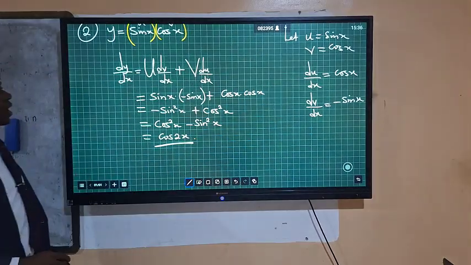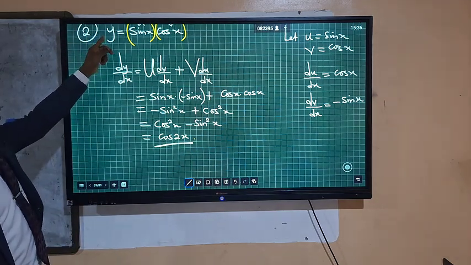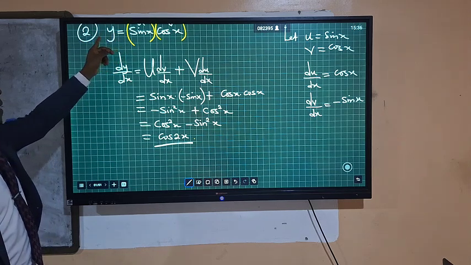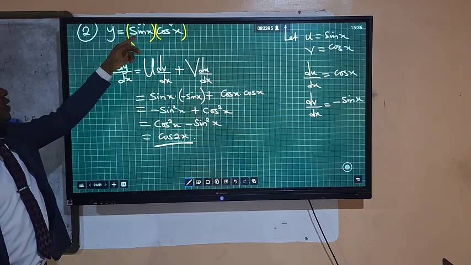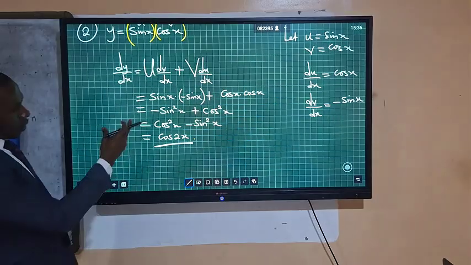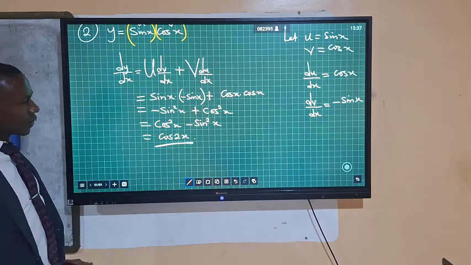So, what have we achieved? We said when you differentiate a function defined as y equal to sine x times cos x, after the differentiation, what you get is cos 2x.